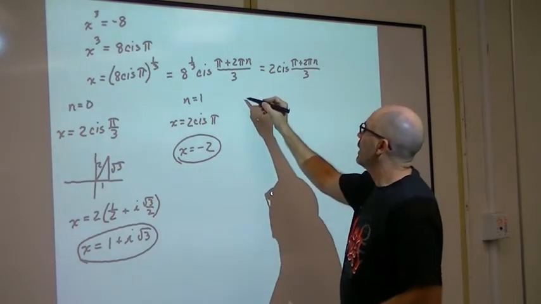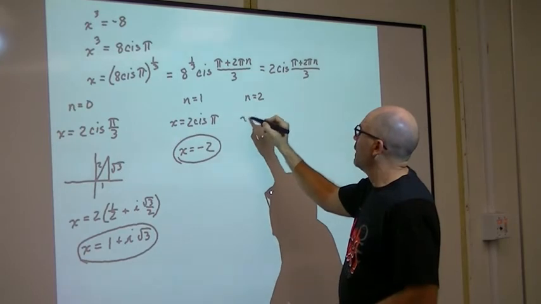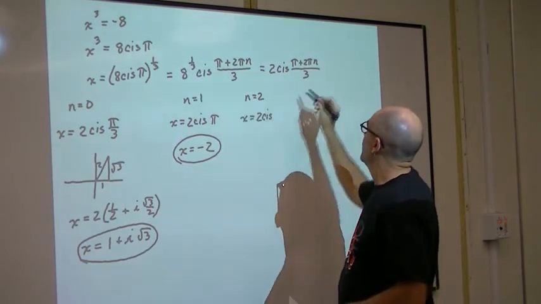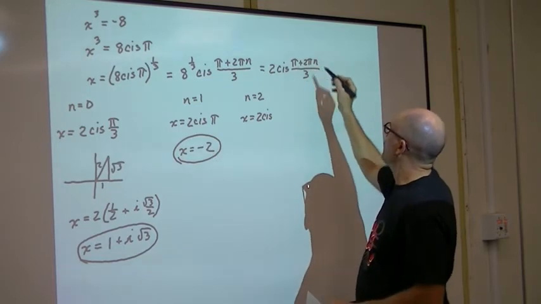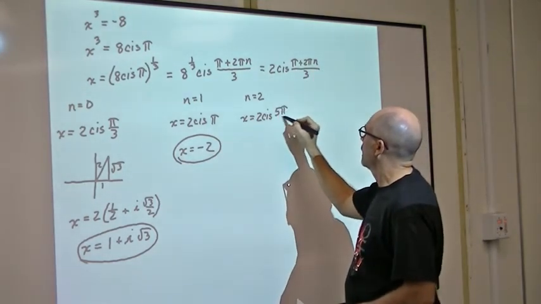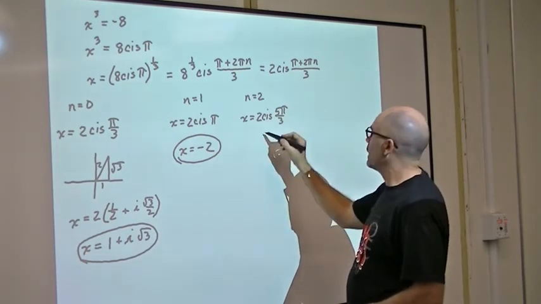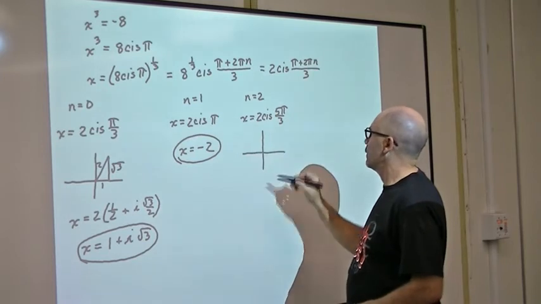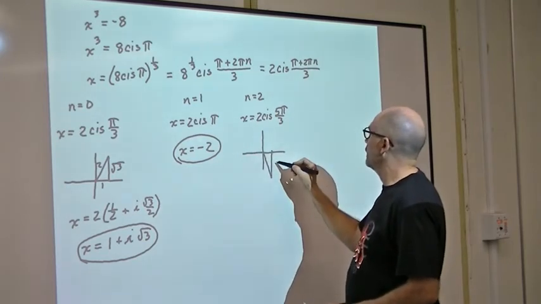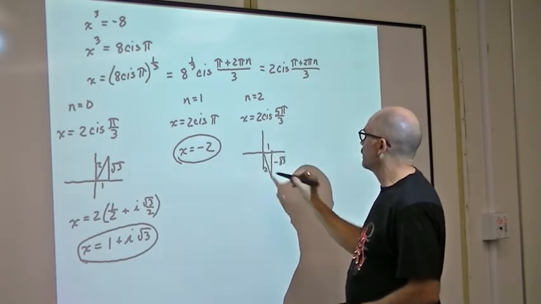Now we try our n equals 2 value. So now we have x equals 2 cis. Put a 2 in, we've got pi plus 4 pi is 5 pi over 3. And so now we have to go back to our triangle. Here's our triangle, and this is negative square root of 3, and this is 1, and that's 2.